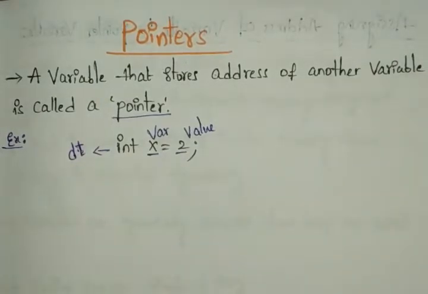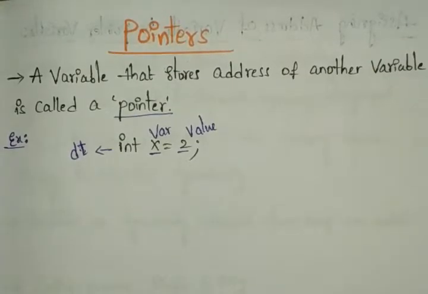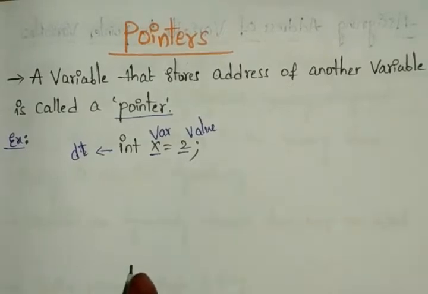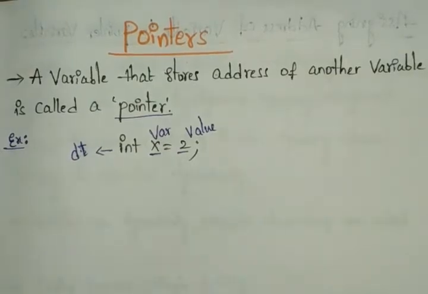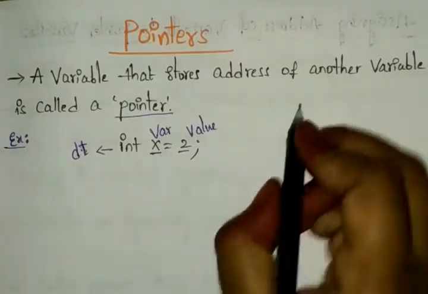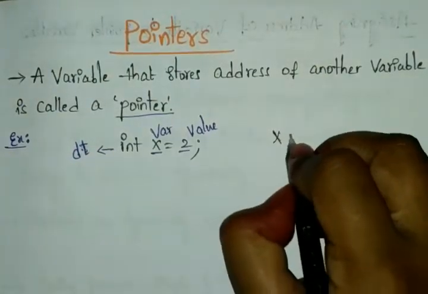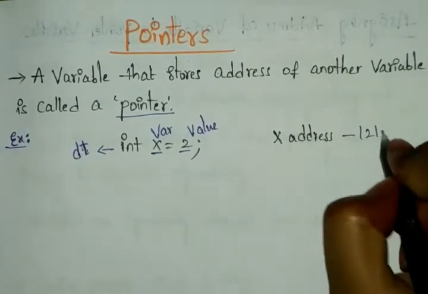In that case, the computer memory stores our variable address. This process is done automatically by the computer memory. For example, I'm choosing that the address the computer allocates to variable x is 1210.